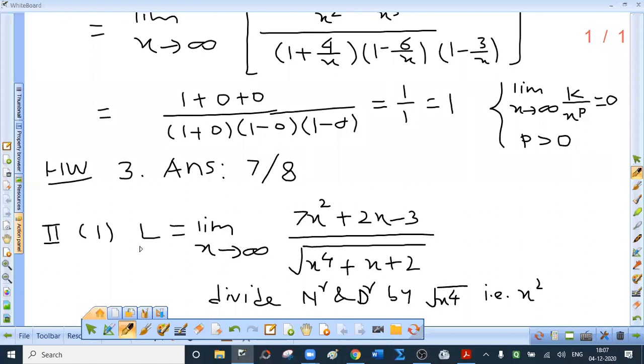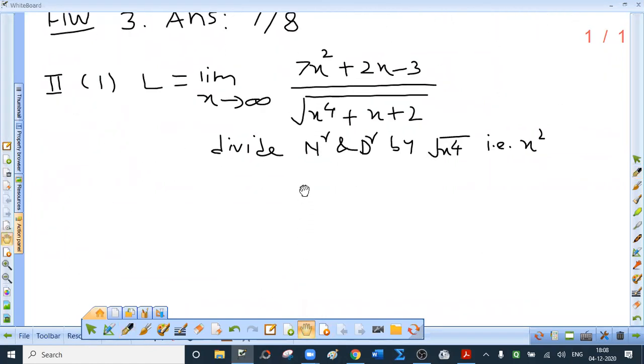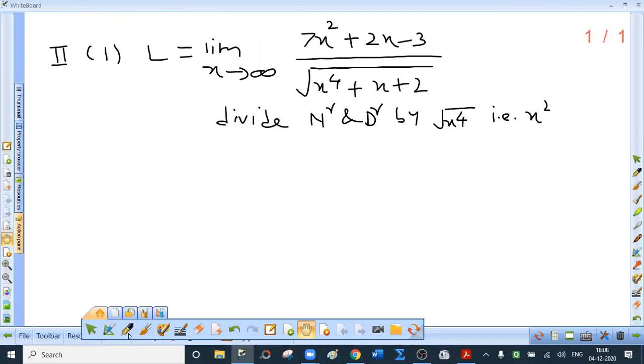Second part, first sum. Let L be the limit as x tends to infinity of (7x square plus 2x minus 3) upon root of (x raised to 4 plus x plus 2). Now divide numerator and denominator by root of x raised to 4, that is x square. See what we get.